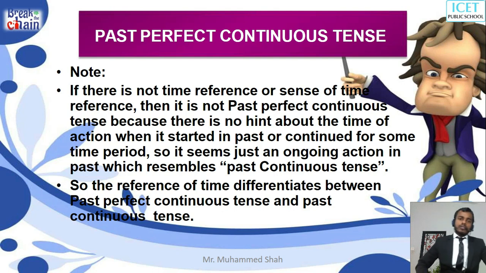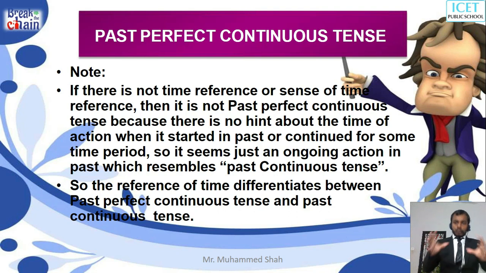So it seems just an ongoing action in the past, which resembles past continuous tense. If there is no beginning and end, no time reference, it was an ongoing thing in the very long time ago.